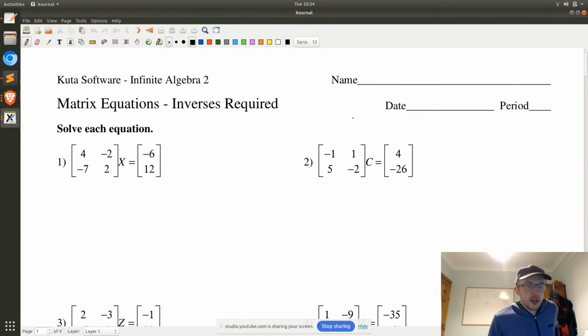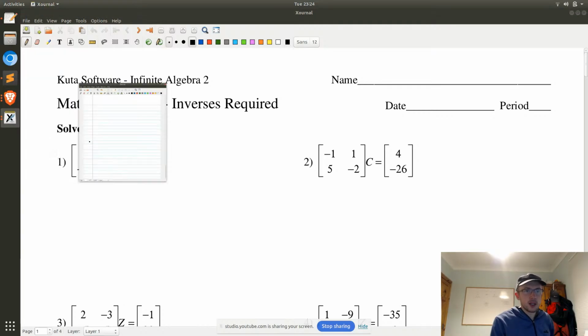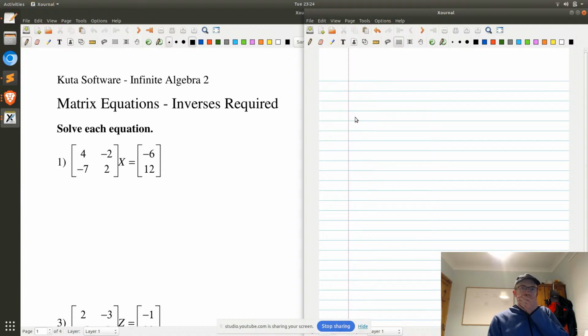Okay, so inverses are required. So I need to be able to invert a 2x2 matrix. Now, for inverting a 2x2 matrix, so if I remember correctly, you swap the entry.